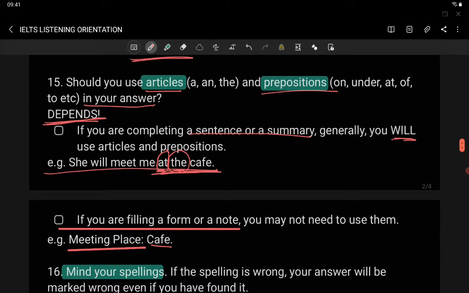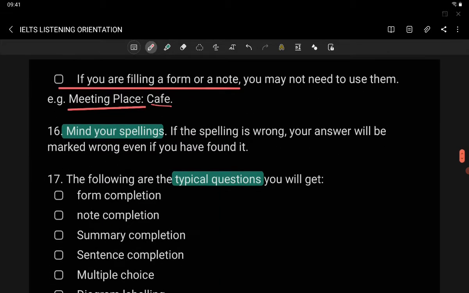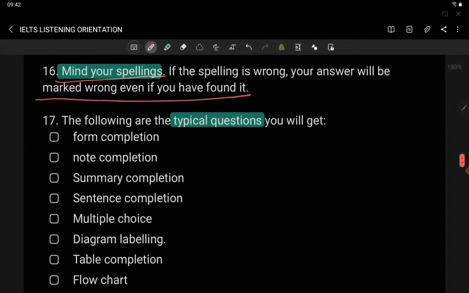It's always according to the question. All right. Next thing you have to do is mind your spellings. Even if you find the correct answer, but you write the wrong spelling, your marks will be cut. You will be marked wrong even if you have found it. So you have to be very clear about your spellings.